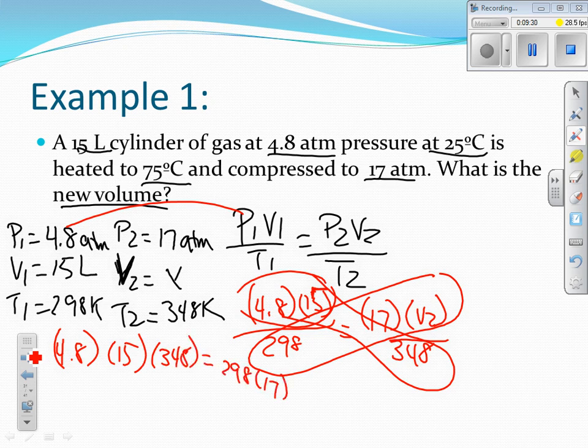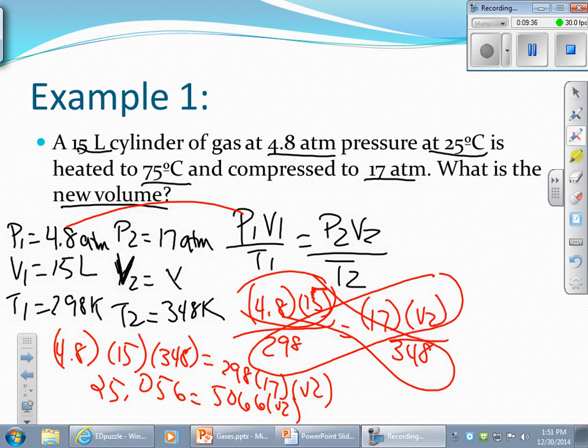Multiplying 4.8 times 15 times 348, we get 25,056 equals 298 times 17 times V2. When I multiply 298 times 17, I get 5,066 V2. Same as if this was a regular cross multiplication problem.